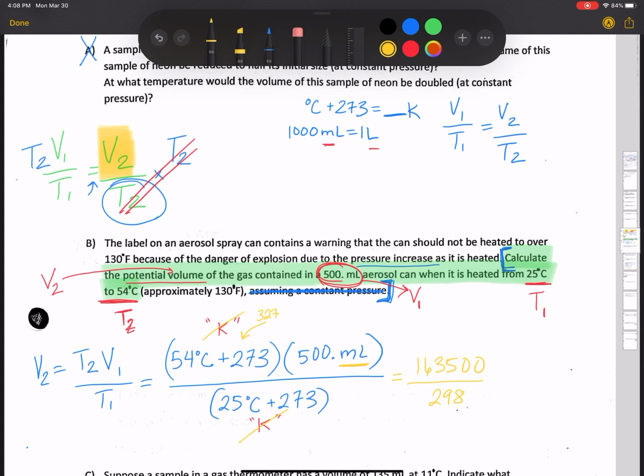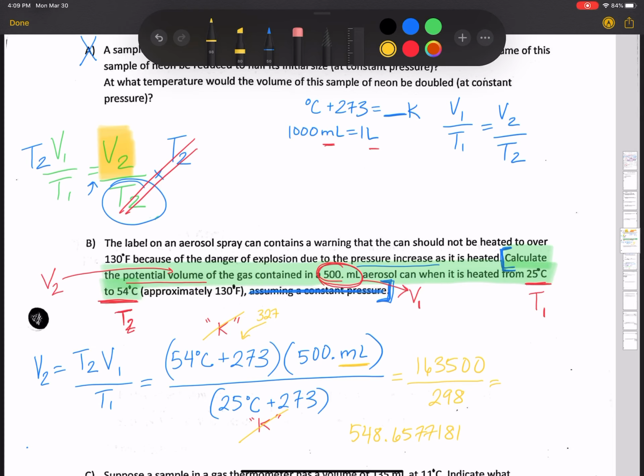So now, when you take 163500 and divide it by 298, you're going to get a pretty long decimal value. When you plug this into your calculator, and I really hope that you're doing this at home as well and checking your work with me, you should get 548.6577181.